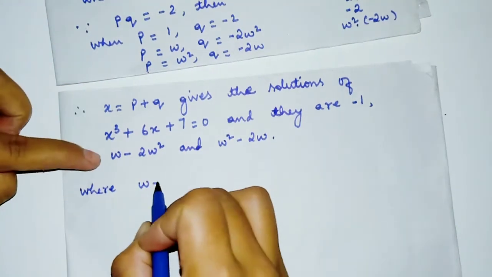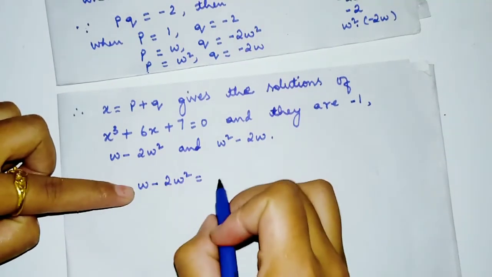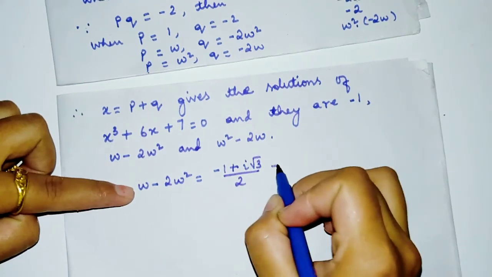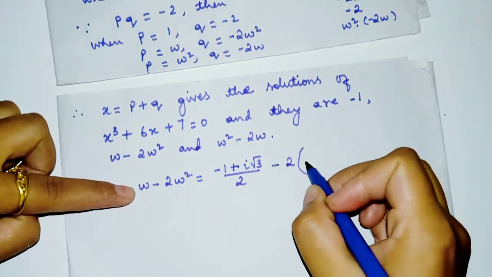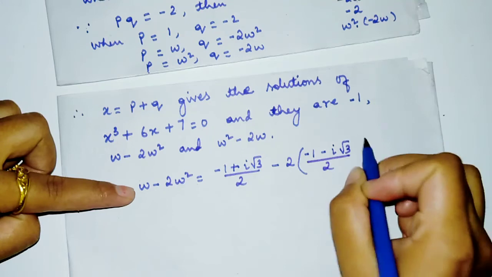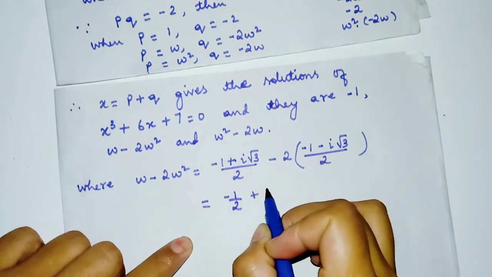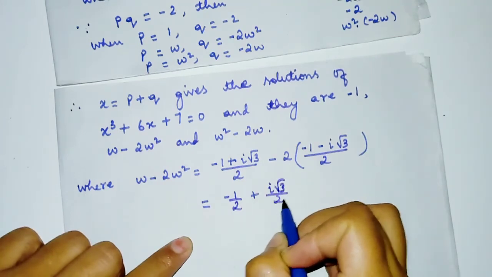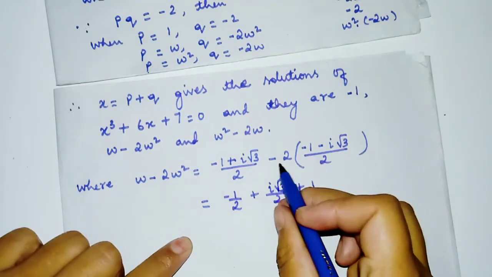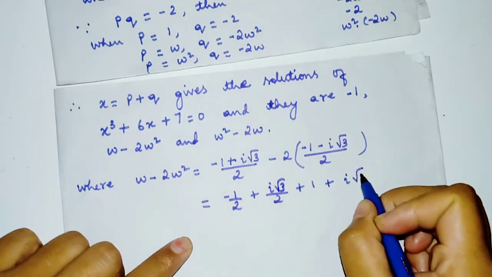So for this one we find the value omega minus 2 omega square. What is omega? It is (minus 1 plus i root 3) by 2, minus 2 omega square. What is omega square? (Minus 1 minus i root 3) by 2. Then solve this one. We have minus half plus i root 3 by 2, and then here we have plus 1, and then we have plus i root 3.